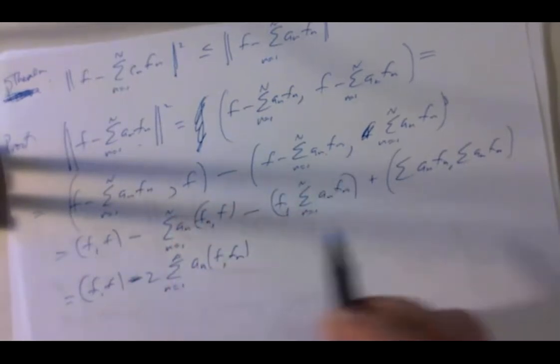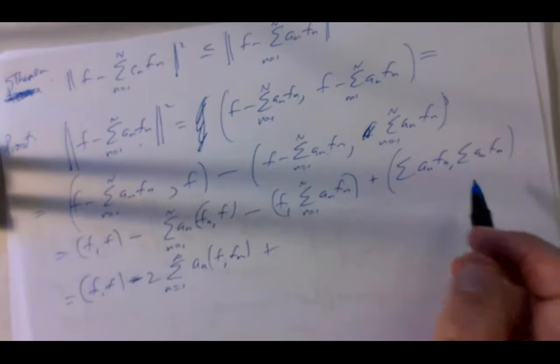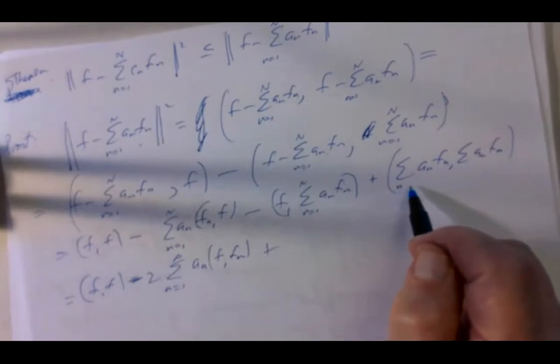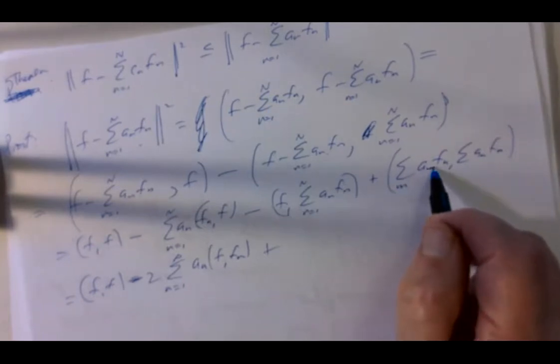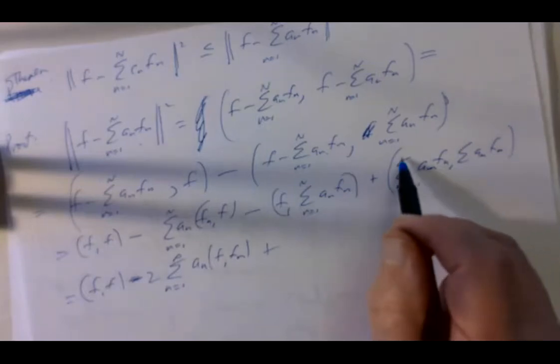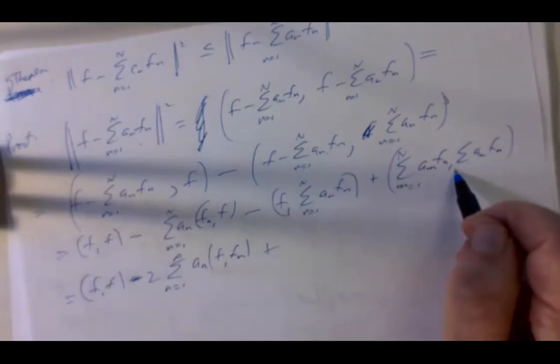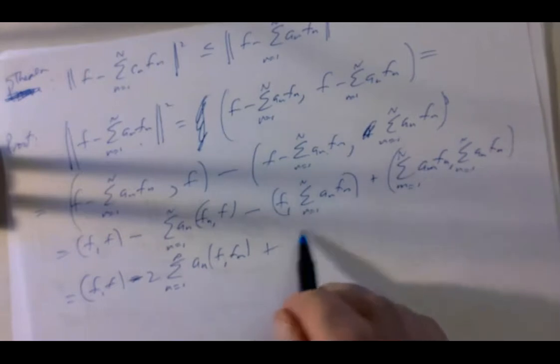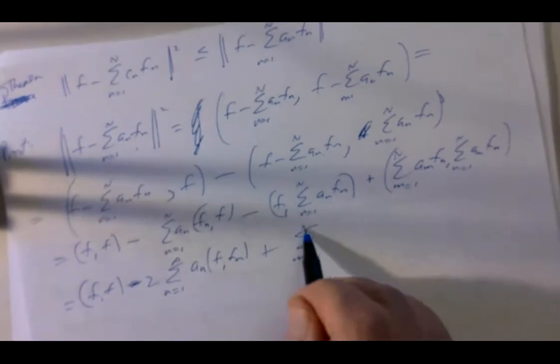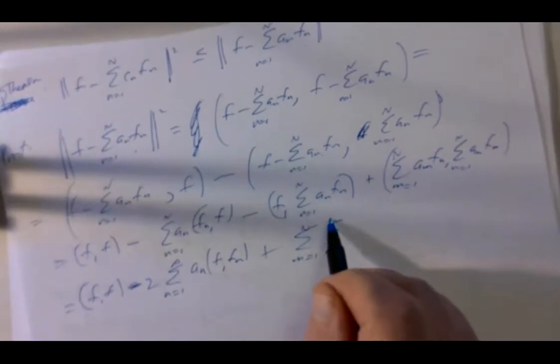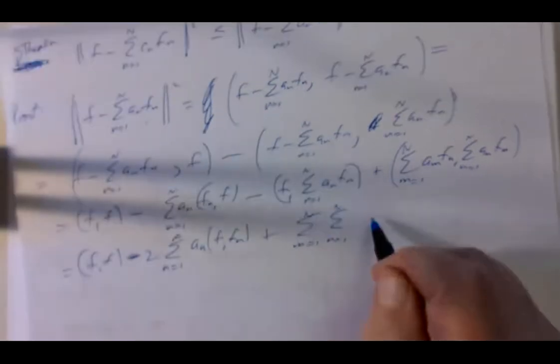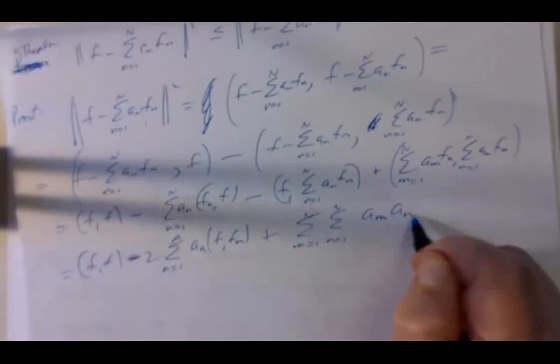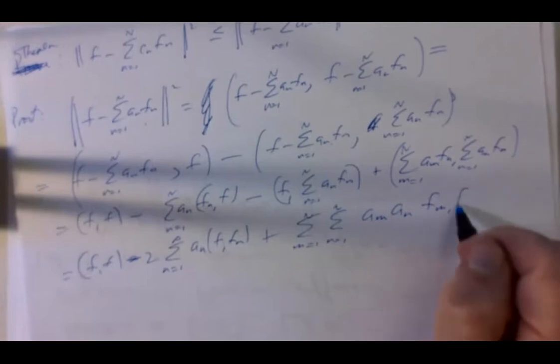I can put a 2 there. And then here I have this double sum. Let me write this as m goes from 1 to n, n goes from 1 to n. So this is a double sum of am an times the inner product of fm and fn.